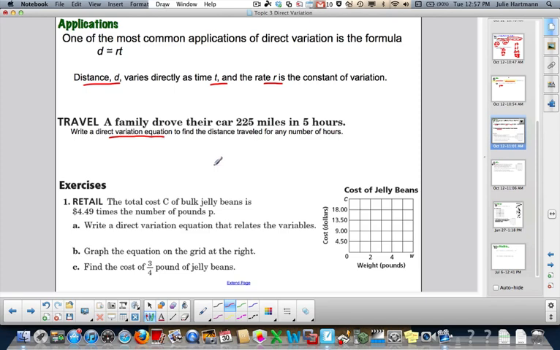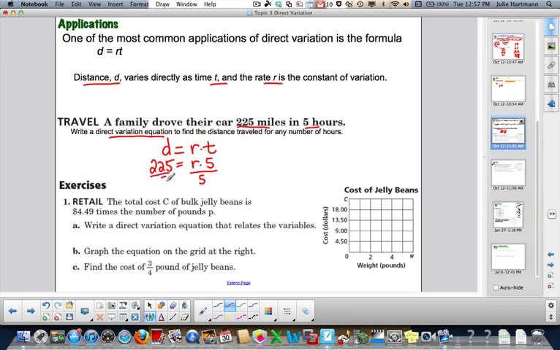So when you have a distance of 225 miles, you have 225 equals rate times time, which is 5 hours. So you need to solve for the rate. Well, this is r times time. That's multiplication. Opposite is divide.